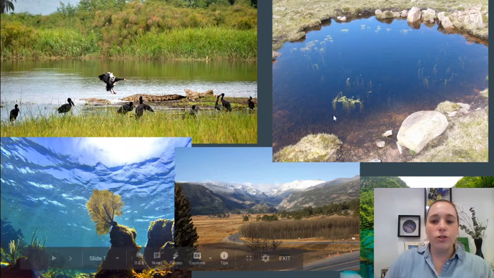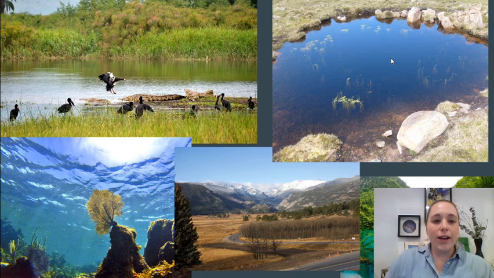So in these pictures, the water would be considered an abiotic factor. And a biotic factor means that it is living or was once living. So in this picture with the birds and the crocodile, the plants would be considered biotic, the birds biotic, etc.